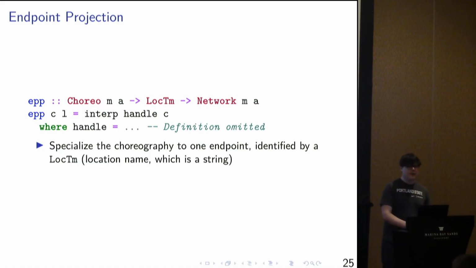In Haskell, the thing that is used to send the computation to each of the endpoints is called endpoint projection. We take an instance of the choreo monad and the location we want to project it to, and then we get the instance of the network monad. Endpoint projection specializes the choreography to one endpoint.